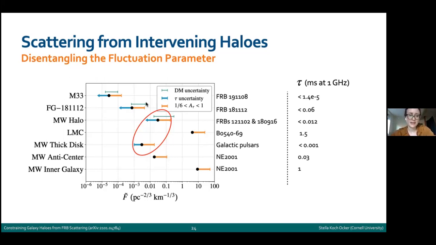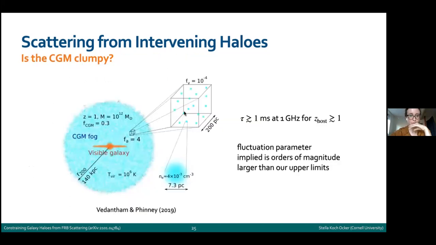And so the other thing is that the constraints on F tilde for these other galaxy halos are quite small and indicate that very little scattering is occurring in either of these galaxy halos. And so this might seem kind of surprising if you're a proponent of the clumpy CGM model.